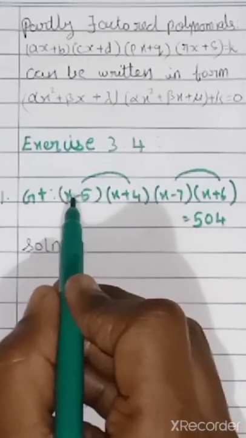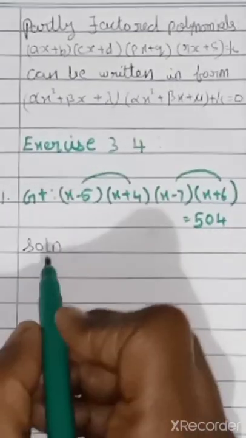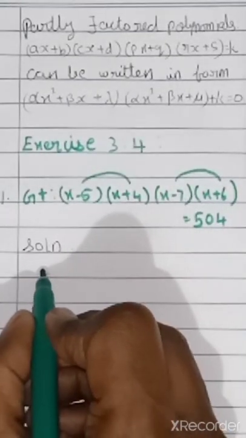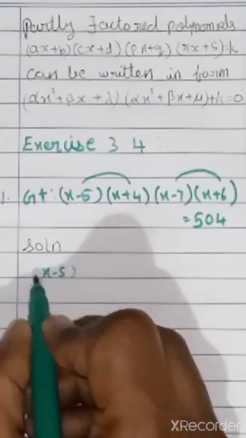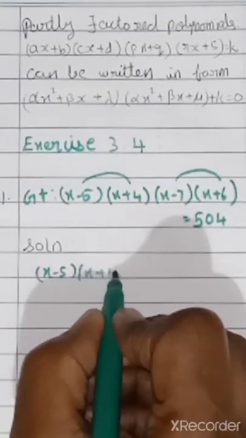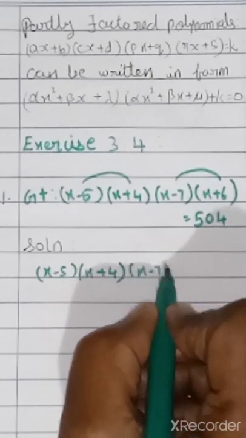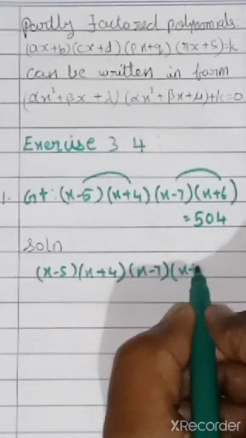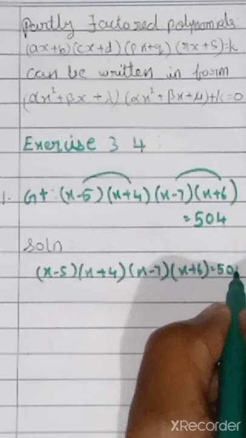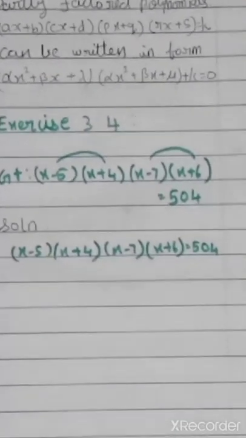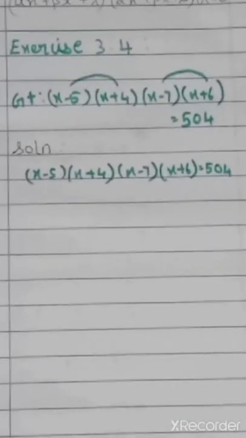When you group, just multiply x into x, which is x square. So how can I write that? (x minus 5)(x plus 4)(x minus 7)(x plus 6) equal to 504. Correct? Now you have to simplify that.